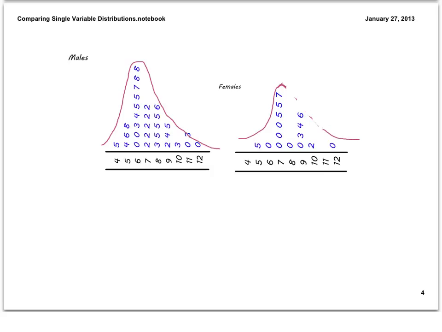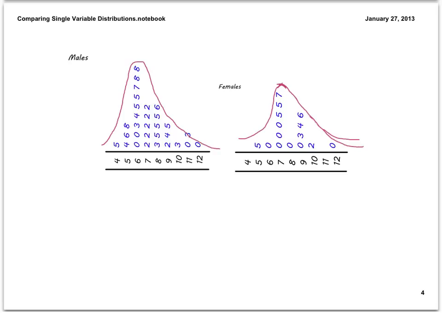It's not the best looking curve in the world, but I think you get the idea of how this one would look. And so how might you describe this curve? Some of you may be thinking skewed right, some may be thinking roughly symmetric. So sometimes the stem plot will give us an idea of that.